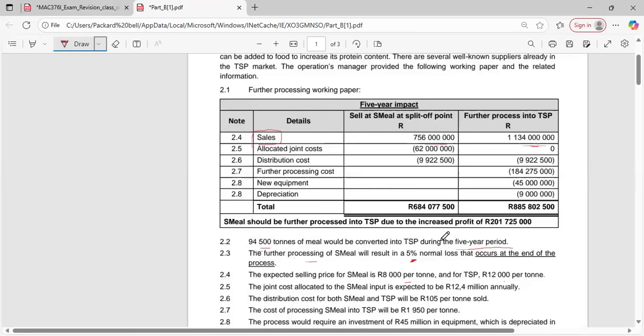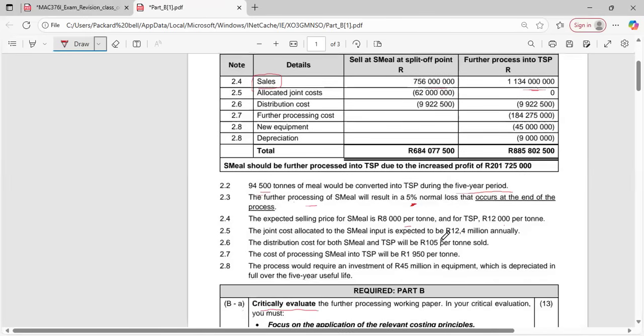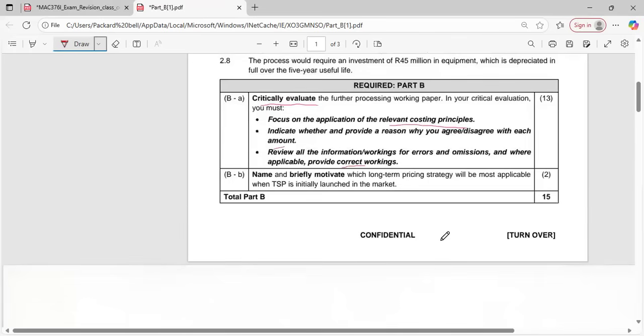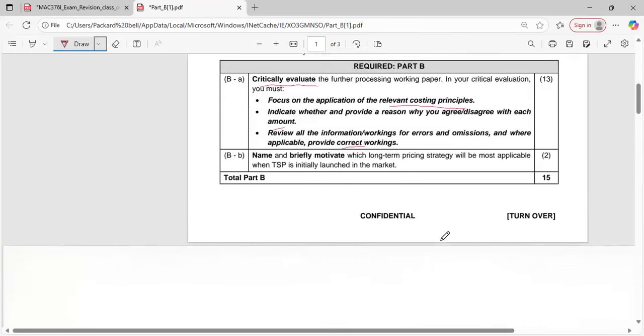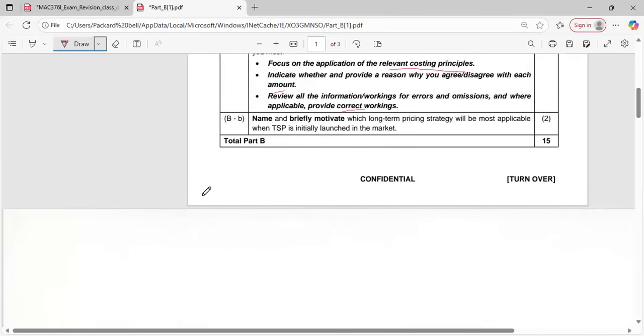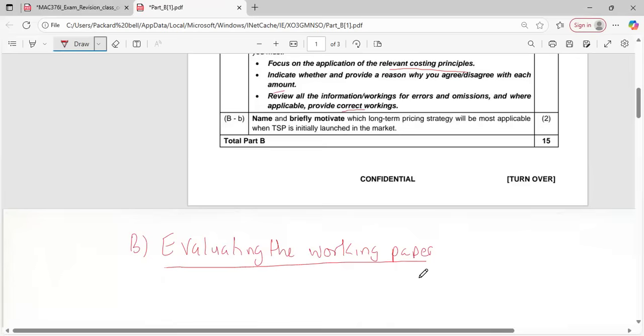Are we still together here? Which means here you are going to answer your question based on, in your B, you are evaluating the sales for S meal.